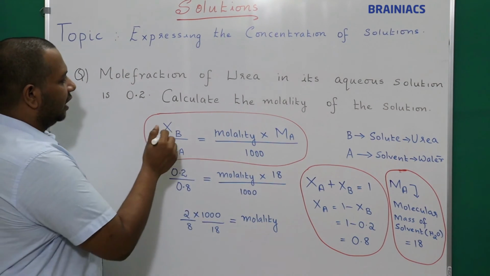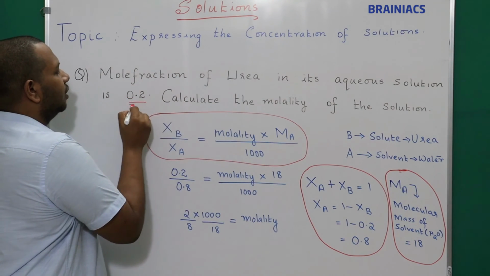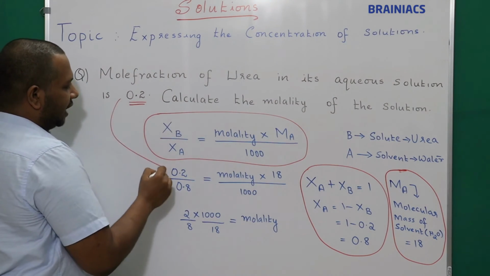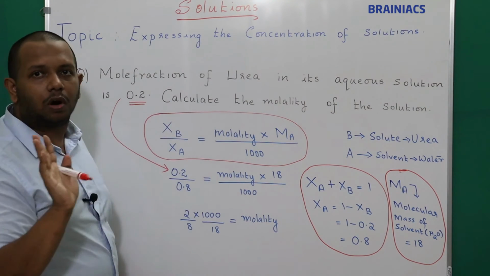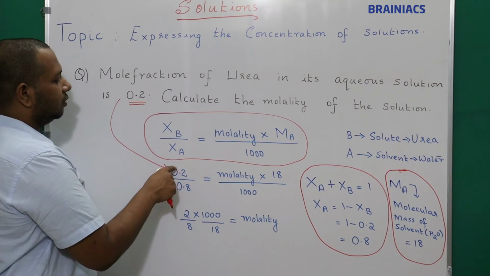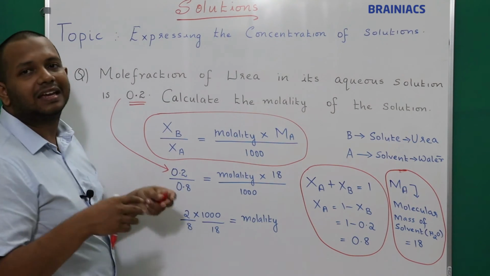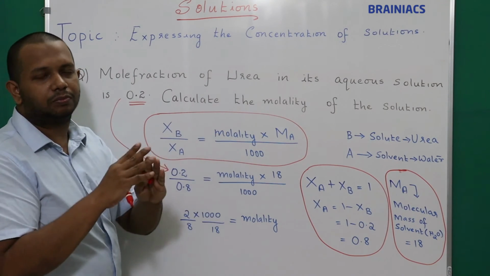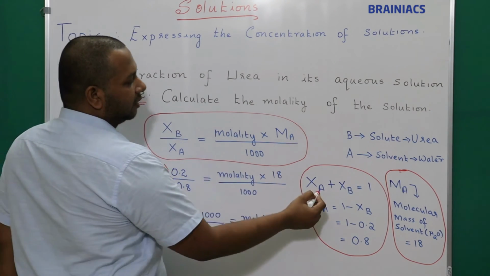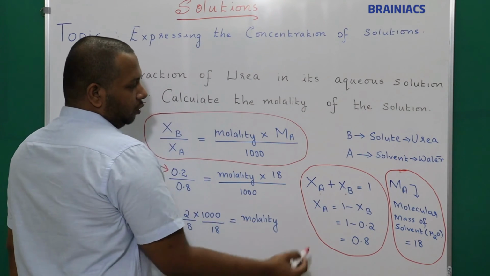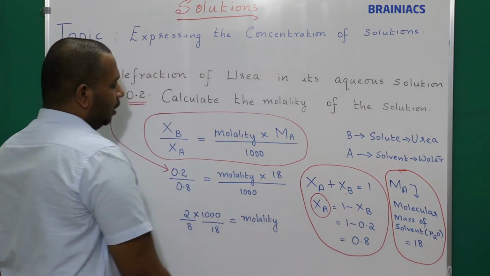XB, the mole fraction of the solute urea, is given as 0.2, so I substitute it directly. It is a binary solution, with only urea and water present. So what will be the mole fraction of water? The sum of mole fractions of every component is equal to 1, so XA plus XB is equal to 1. XA is 1 minus XB, that is 1 minus 0.2, which is 0.8.